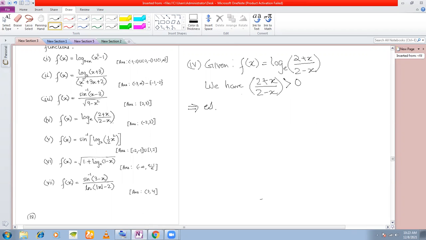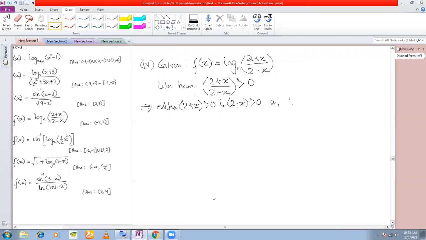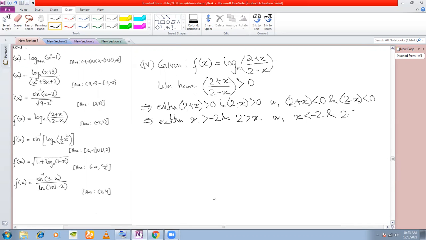That either 2 plus x is positive and 2 minus x is positive, or what is the next possibility? That both are negative. 2 plus x is negative and 2 minus x is negative. That means either x is greater than minus 2 and 2 is greater than x, or you can have x is less than minus 2 and 2 is less than x.